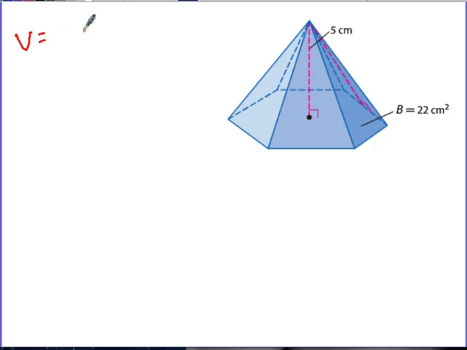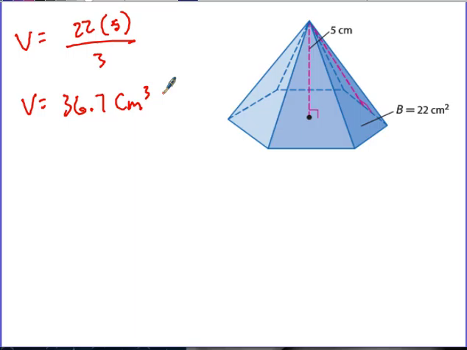Volume is area of the base, so that's 22 times 5 divided by 3. 36.6 repeating, so 36.7 centimeters cubed.